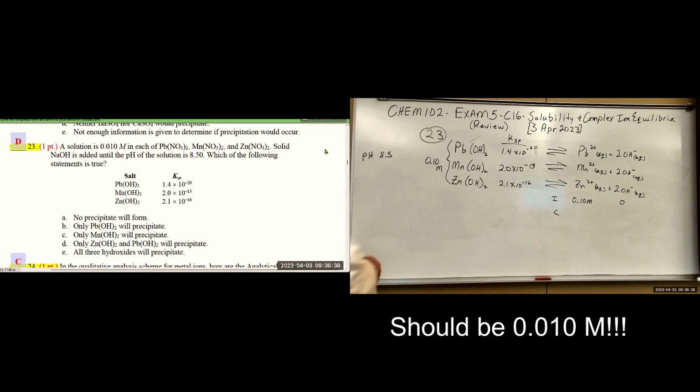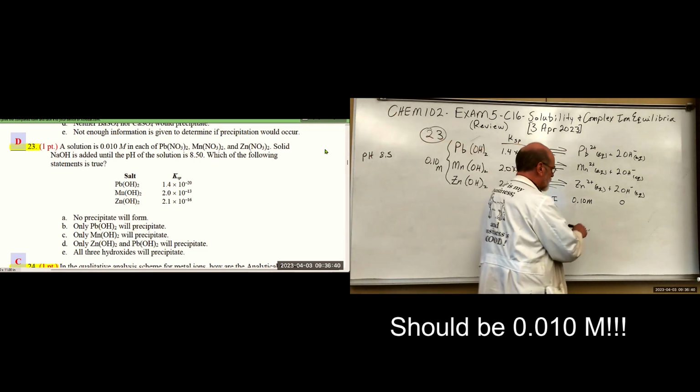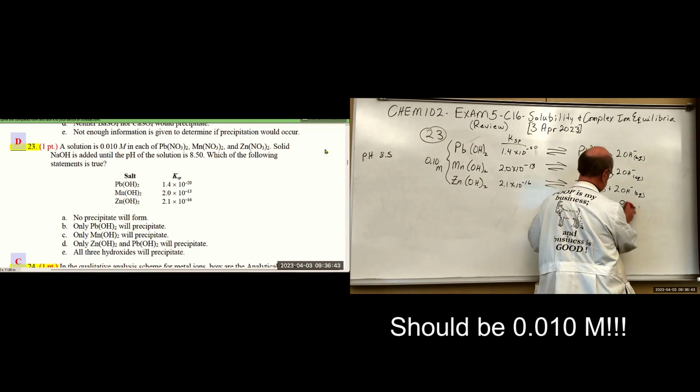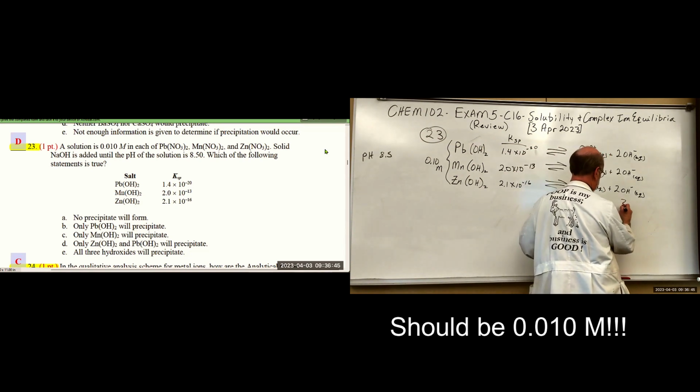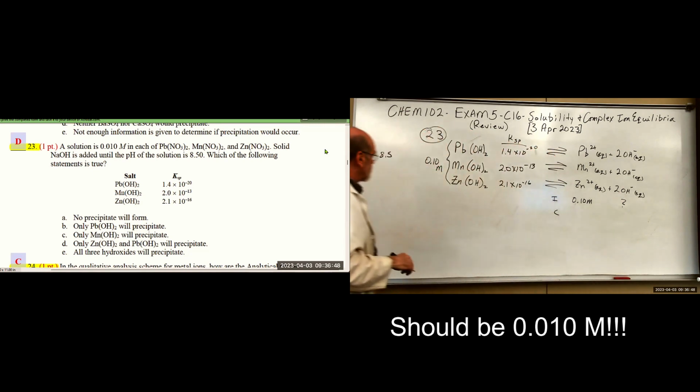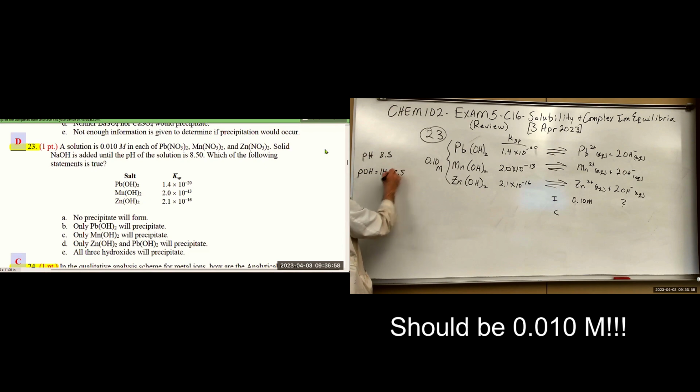Okay. What we need to know is, what is this concentration over here? And pH tells us what it is. pH, what's pOH? Remember that one? 14 minus 8.5, which is 5.5, correct? So what's the OH concentration? Well, it's 10 to the minus 5.5.